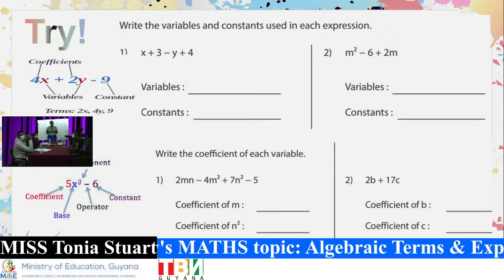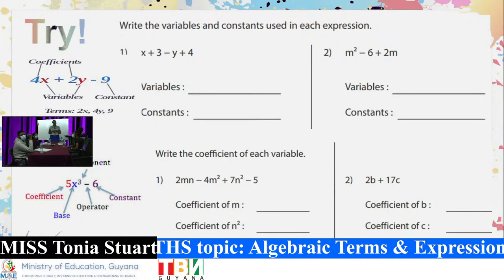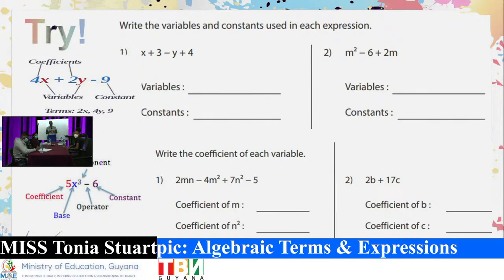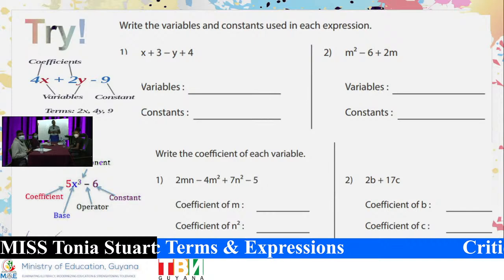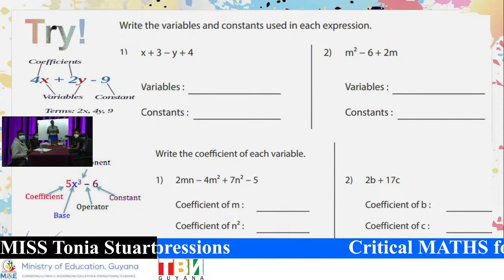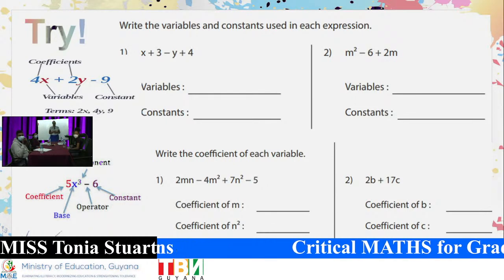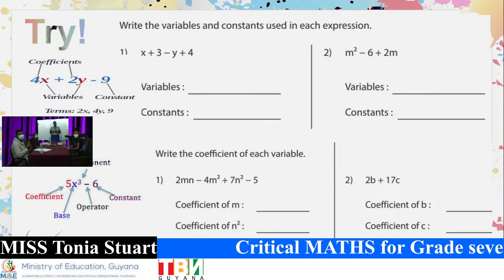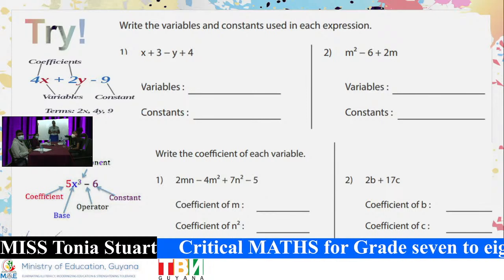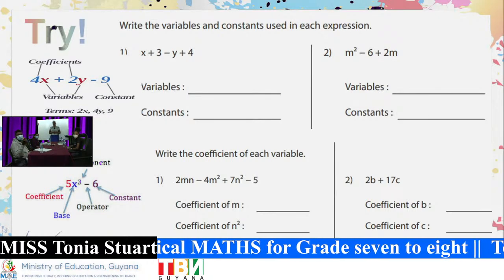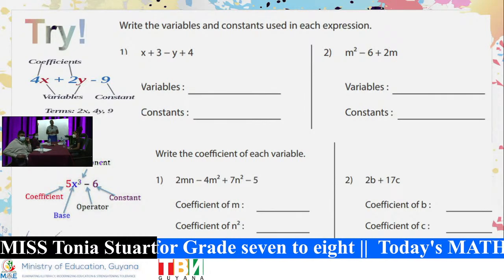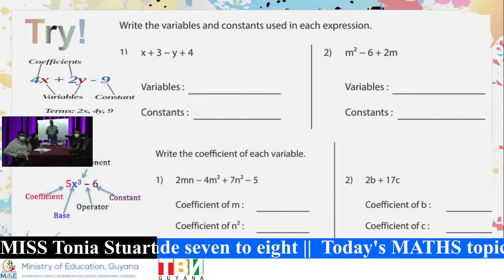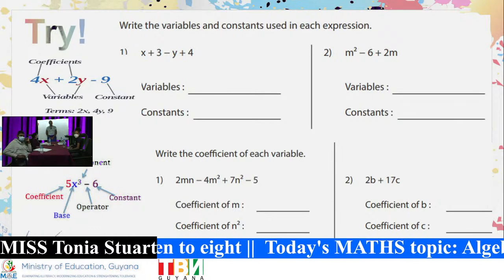So let's all look at the other one on your left, number 1, at the bottom, the coefficient of m. Akila, coefficient of m is? -4 and 2.